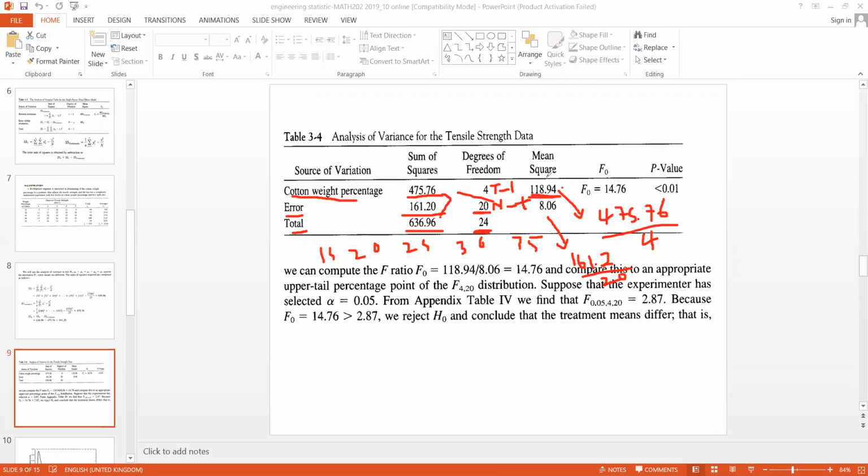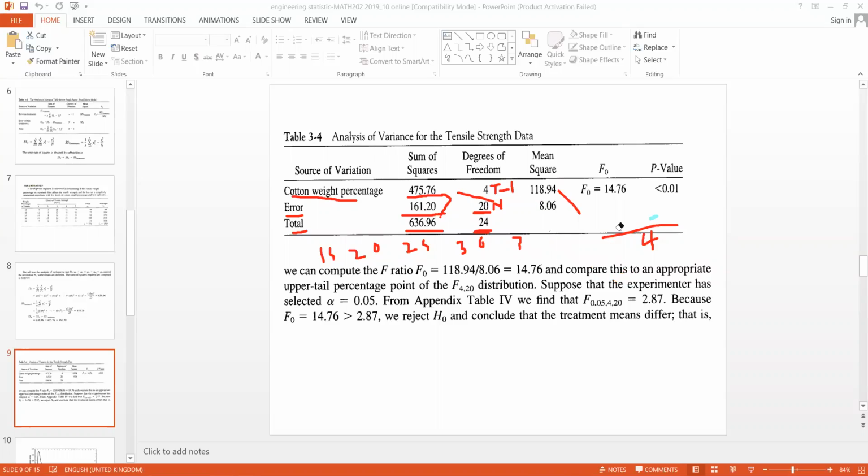Okay, which is correct here. And then secondly, when you calculate the next one, 161.2 divided by 20, I'm sure you still get 8.06. Yes, 8.06 should be the answer.